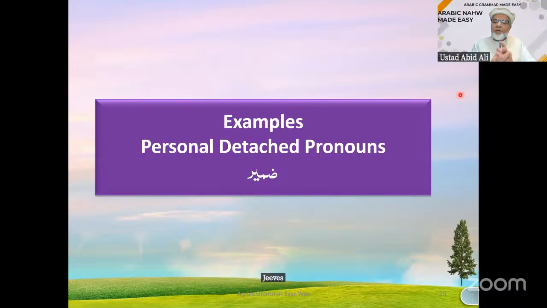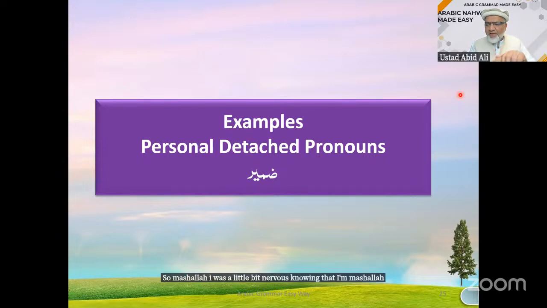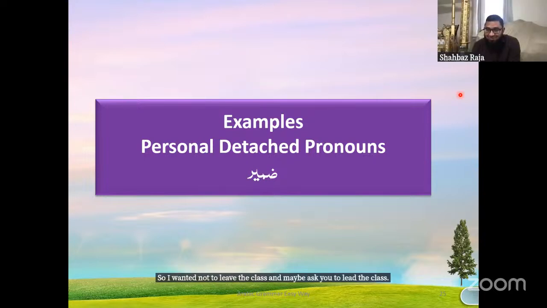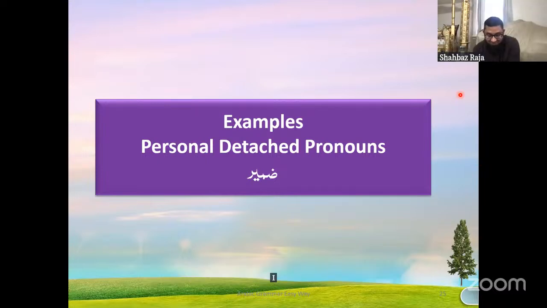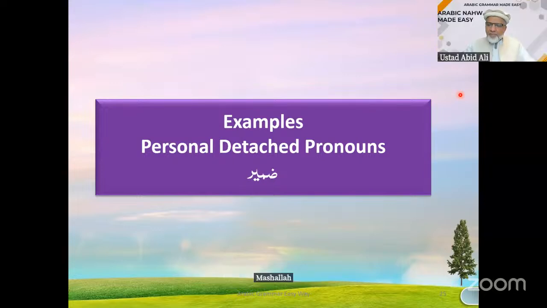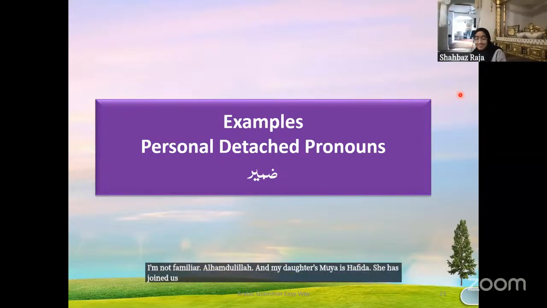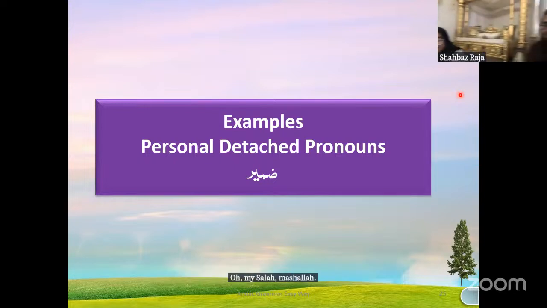Mashallah, I was a little bit nervous knowing that a sheikh is with us today. So I wanted not to lead the class and maybe ask you to lead the class. But I don't know if you are familiar with Arabic language or Arabic grammar at the moment? I would say no. I'm not familiar. I'm a Hafiz, alhamdulillah. And my daughter Sumaya is Hafiza. She has joined us today as well. Oh, mashallah, both of us, that's great.